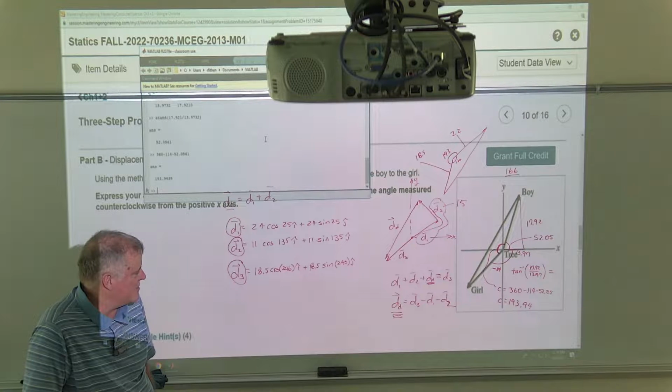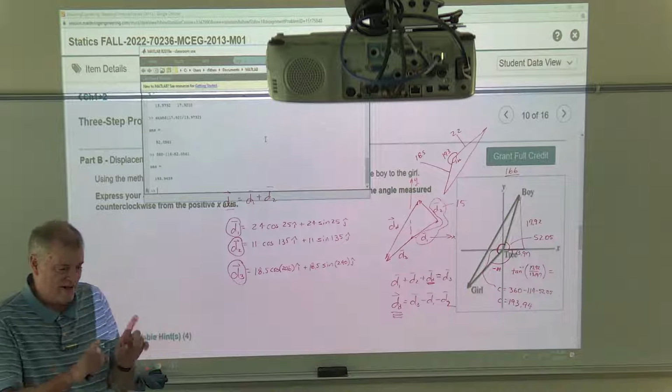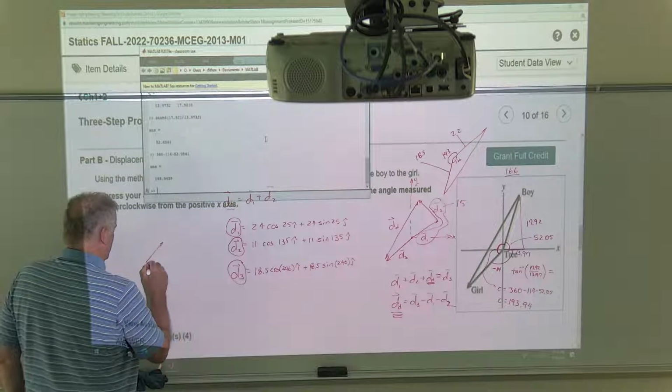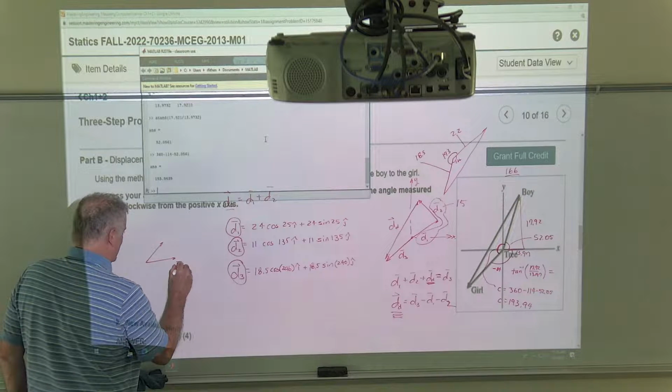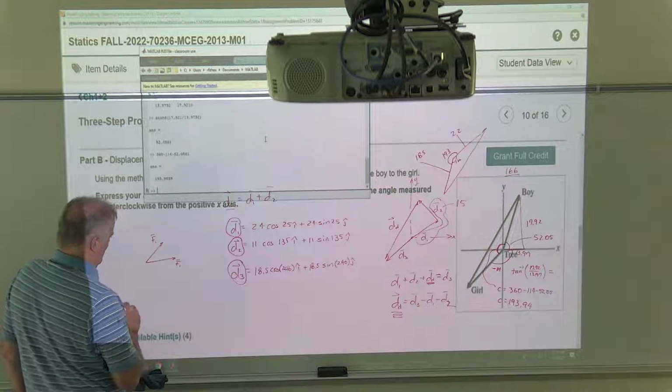You have to stop and think about it, because it's that way with resultants too. Sometimes you add two vectors, and it's kind of weird. Here's F1 and here's F2, and I'm trying to add them.